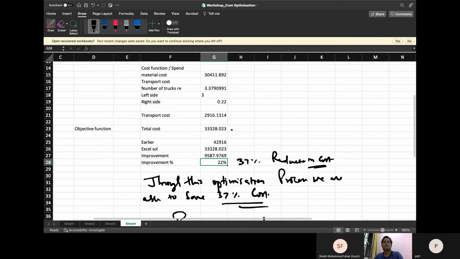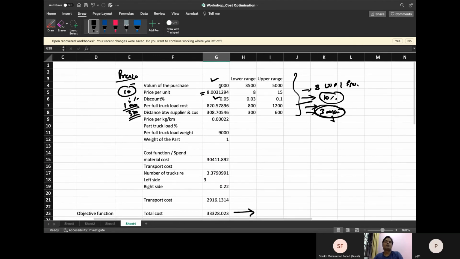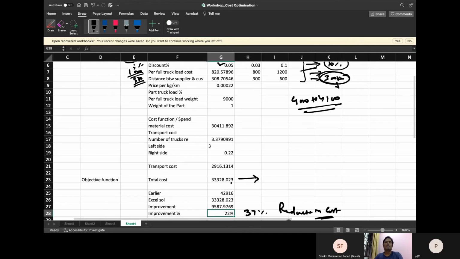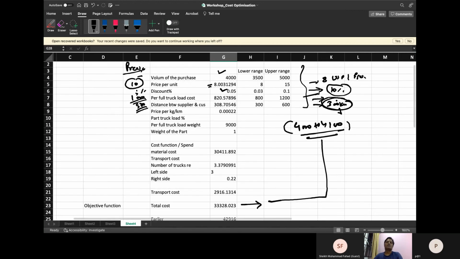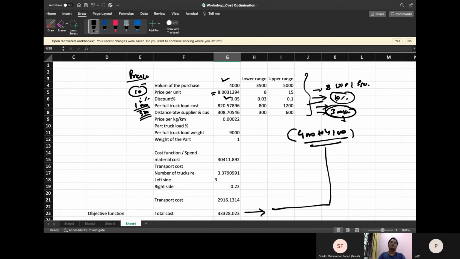Suppose you want to adjust your values, right? 4,000 to 4,100. Let's say you ask the question, can I make 4,000 to 4,100? So what will be the impact on the total cost? This is called pruning. You are just trying to adjust, cut or increase.